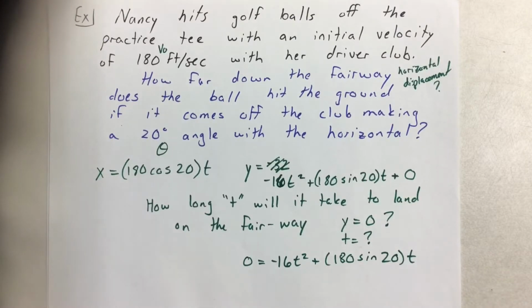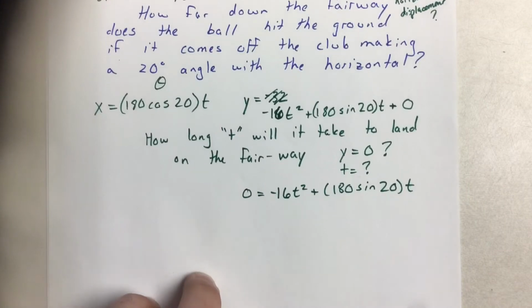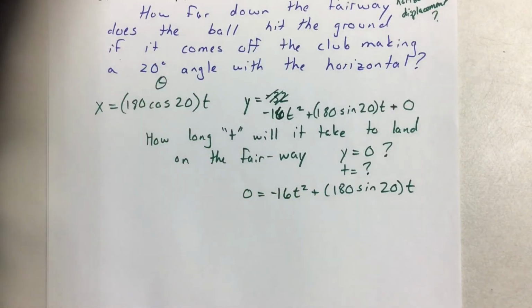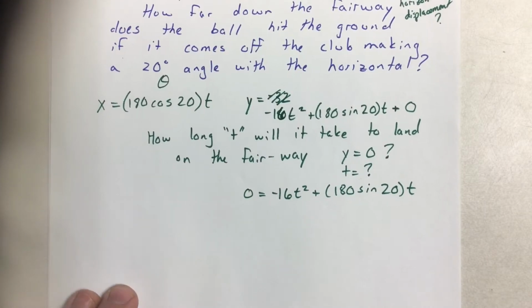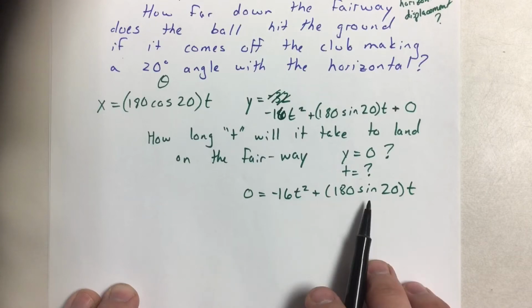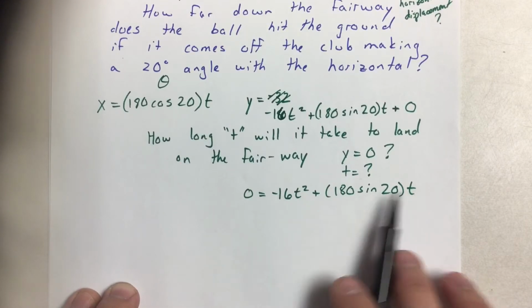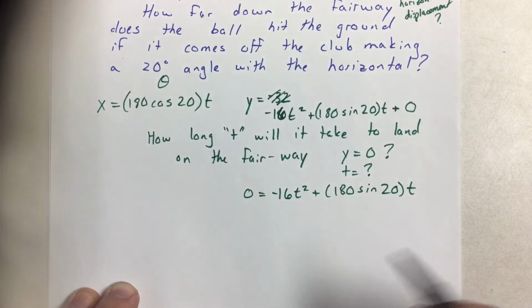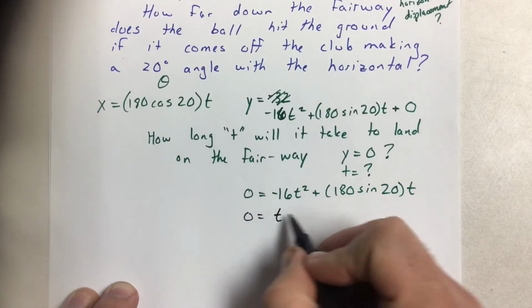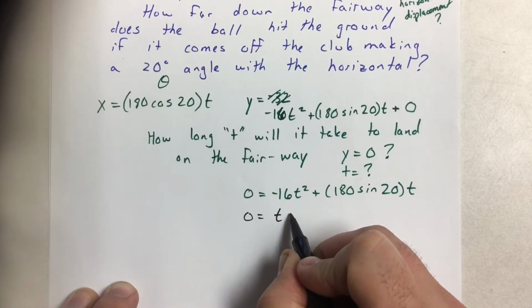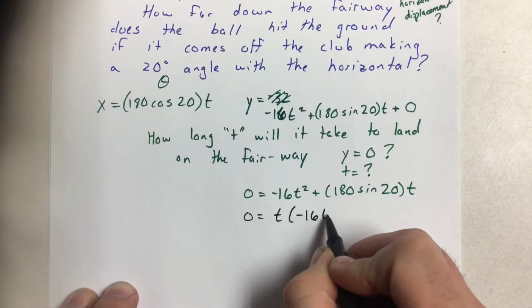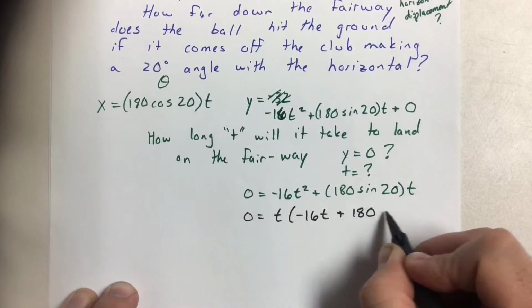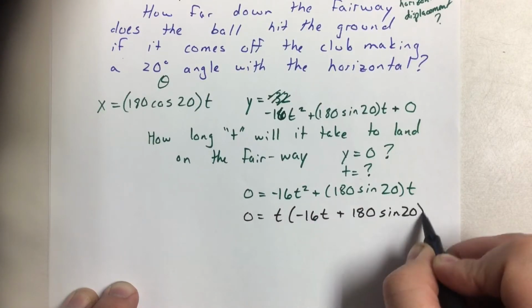Okay. And we're going to solve for time, and with the time, we're going to plug it back into our horizontal equation. So let's work with this. We're wanting to solve this equation, so we're just using algebra skills. Both terms have a t, so we can factor a t from each, giving us t times negative 16t plus 180 sine of 20.